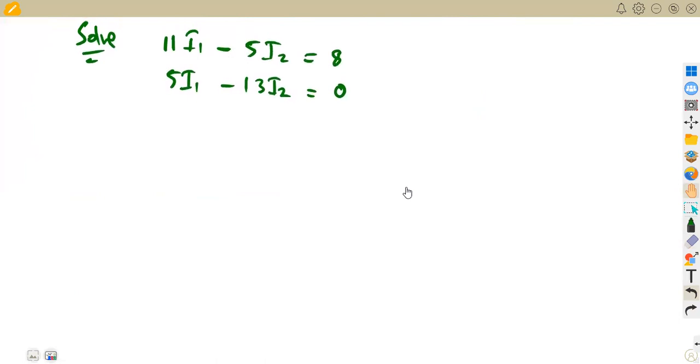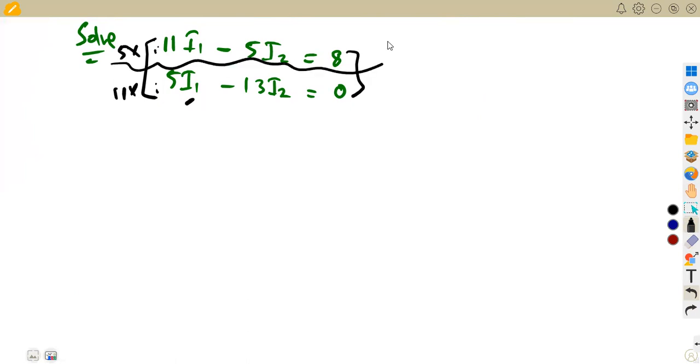As you can see, it's difficult for us to make either I1 or I2 the subject. So we're just going to work with elimination, depending on which one you want to eliminate. Let's say I want to eliminate I1 in this case. I'm going to multiply by 5 on top and by 11 below.